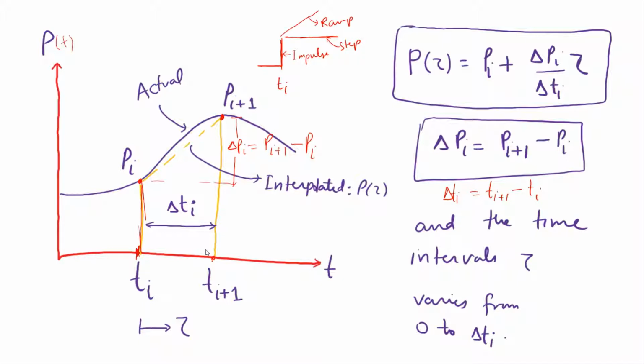So we can discretize in three parts: one impulse force, one step force, and one ramp force. This would be our linearized form, where we have just linearized the actual graph. This we can say would act as a ramp.